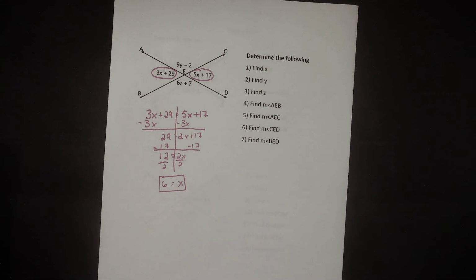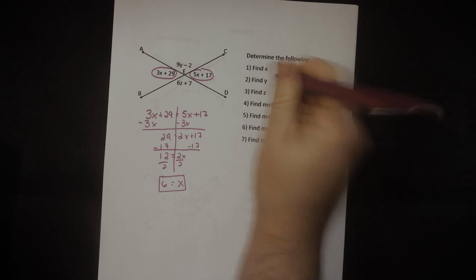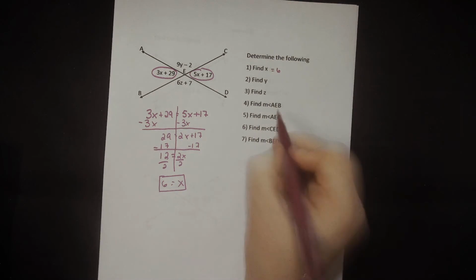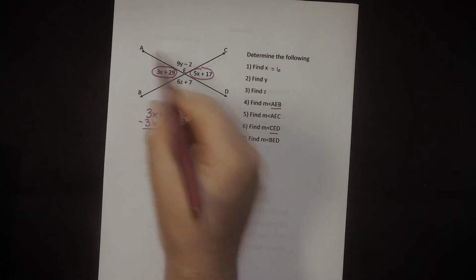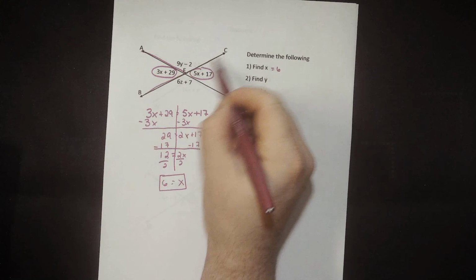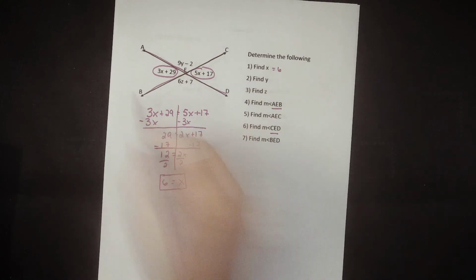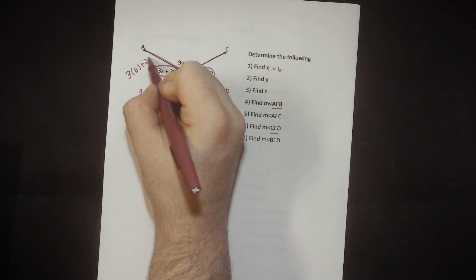Another thing that my students don't really like very much is when you put the x on the right side. There's no static place the x has to go. The x can be on the right, it can be on the left. It doesn't really matter. Okay, so now it wants me to find AEB, and it wants me to find CED, which is these two right here, which is what I pretty much already found. I found x equals 6. So I'm going to do 3 times 6 plus 29.